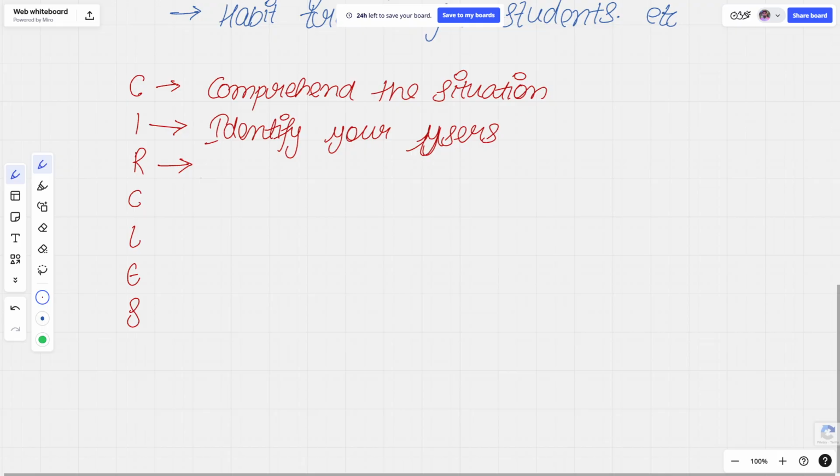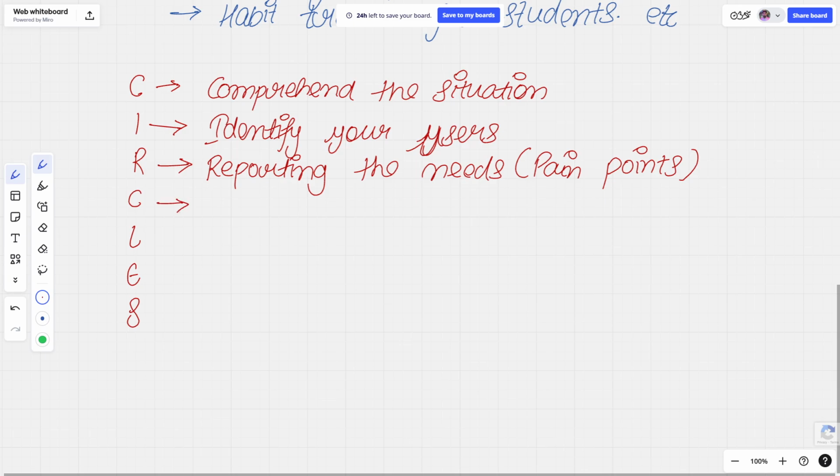The R means reporting the needs of these users, where we will be talking about pain points of the segment.